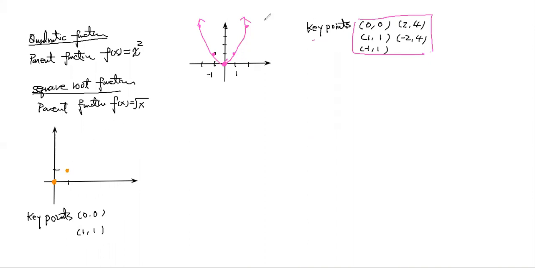Then the next point is 4, 2. So 4, 2 is here. After you have those few points, you'll be able to draw your parent function. So this will be your parent function here. Of course, it doesn't have a dip there, it's smooth, right? So this is your parent function.